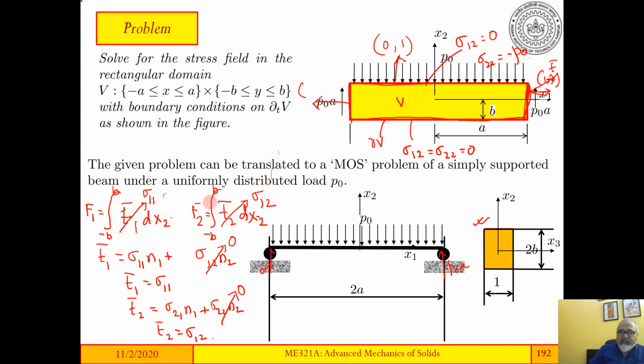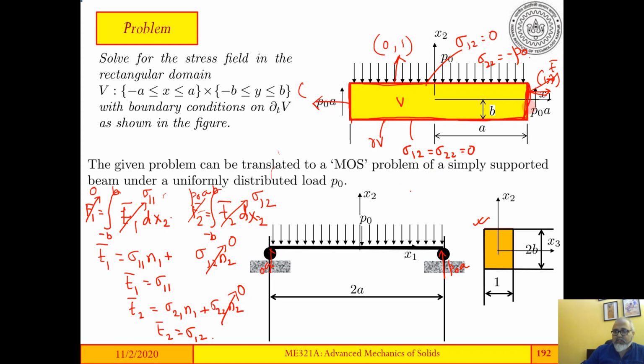We do not exactly know what the variations of sigma 1,1 and sigma 1,2 on the edge are, but we know that F2 is equal to 0 because there's no external force in the x direction. And F1 is equal to P naught A.